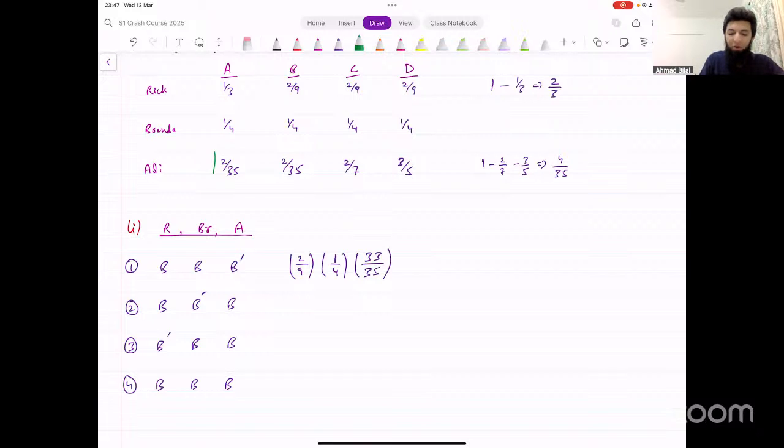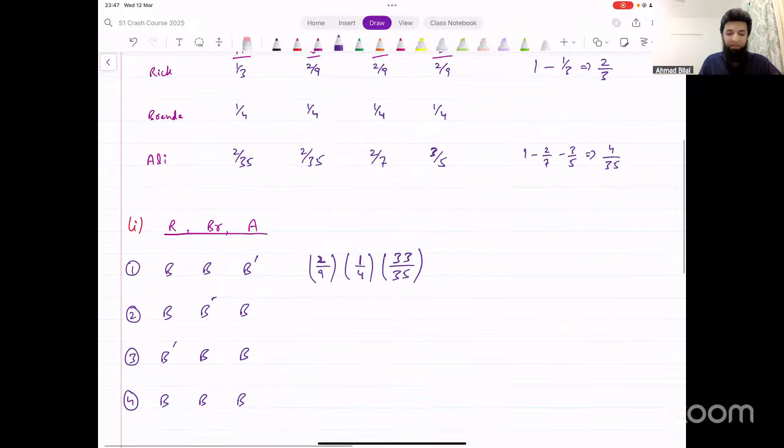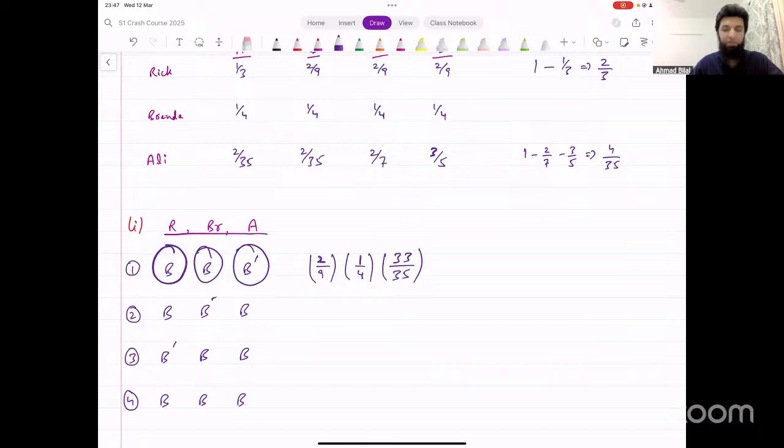Basically, you can add all of the other cases. That's one possibility. That will give you 33/35. Or an easier and quicker way is subtract from 1 this probability. 1 minus 2/35. And that gives you 33 out of 35. These probabilities are going to be multiplied. Why? Because there's an and between them. So the first case is that Rick chooses entrance B and Brenda chooses entrance B and Ali does not choose entrance B. There's an and between them. Okay? So we multiply these probabilities.